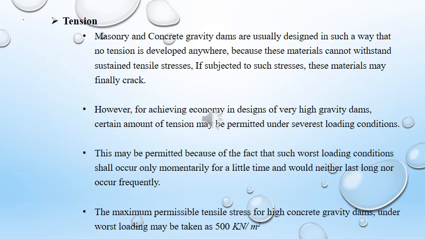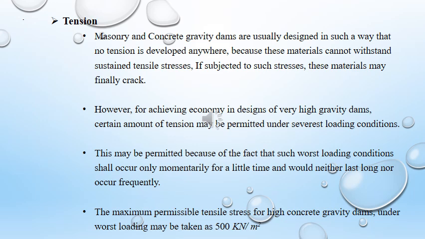If subjected to such stresses, these materials may finally crack. So, however, for achieving economy in the design of very high gravity dams, a certain amount of tension may be permitted under severest loading or under the burst loading conditions.